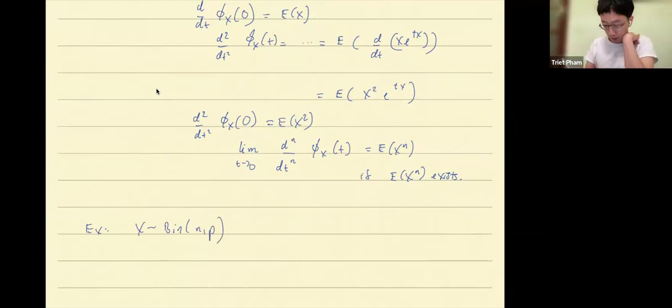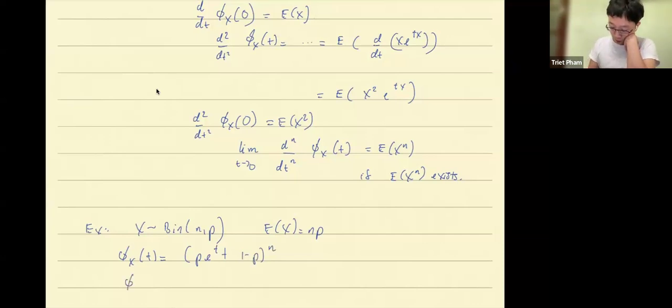What is the expectation of x? Well, the expectation of x is n times p. Let's see if that works with the moment generating function. This is the moment generating function. If you differentiate it with respect to t, you get n times p e to the t plus 1 minus p, raised to n minus 1, times, sorry, times p e to the t, because of the chain rule.